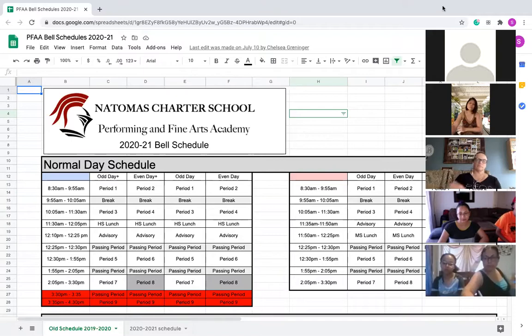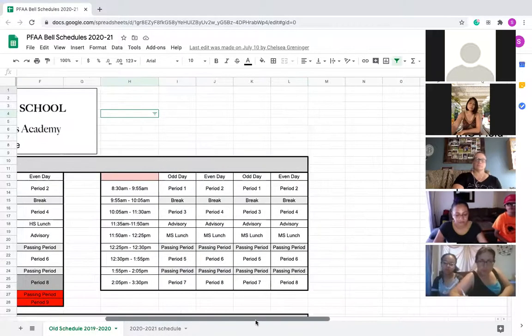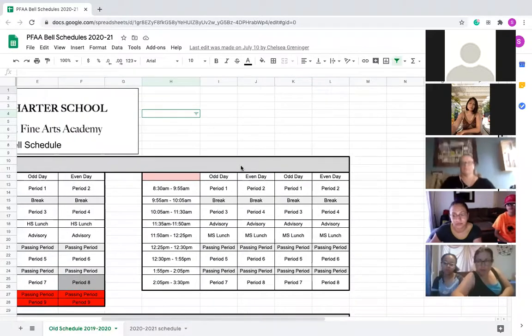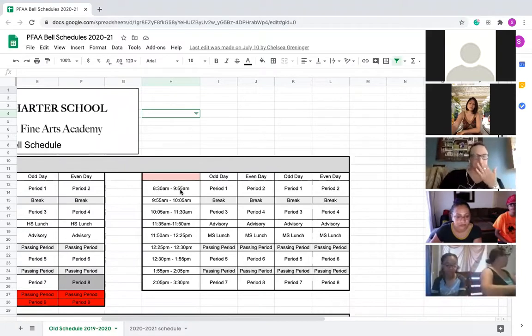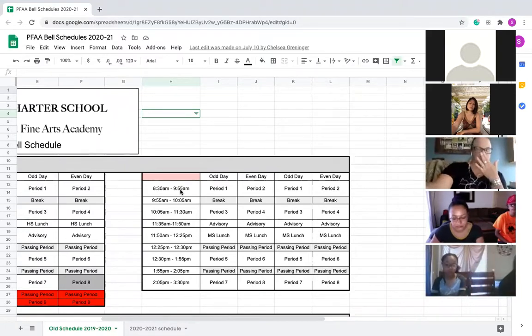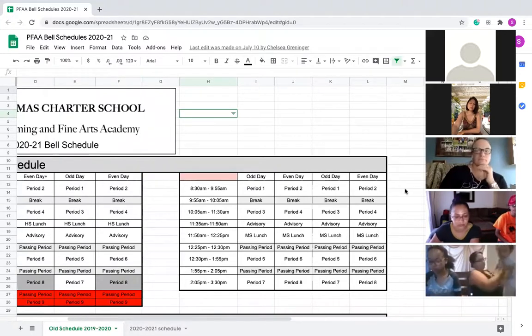Okay. So in a normal year, this is what our bell schedule for our middle school families looks like. What this means is that we are on a block schedule. All of our students take 4 periods a day. We have odd days and we have even days, and then we have what we call late start Wednesdays.